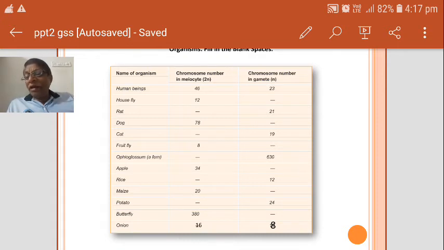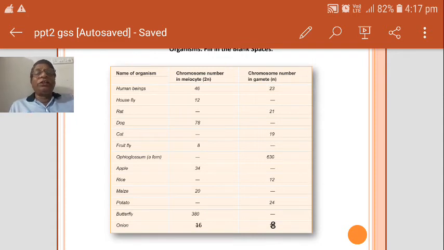Okay. One more important animal is there, that is fruit fly. Fruit fly, you know, the scientific name is Drosophila melanogaster. Its diploid number is 8.